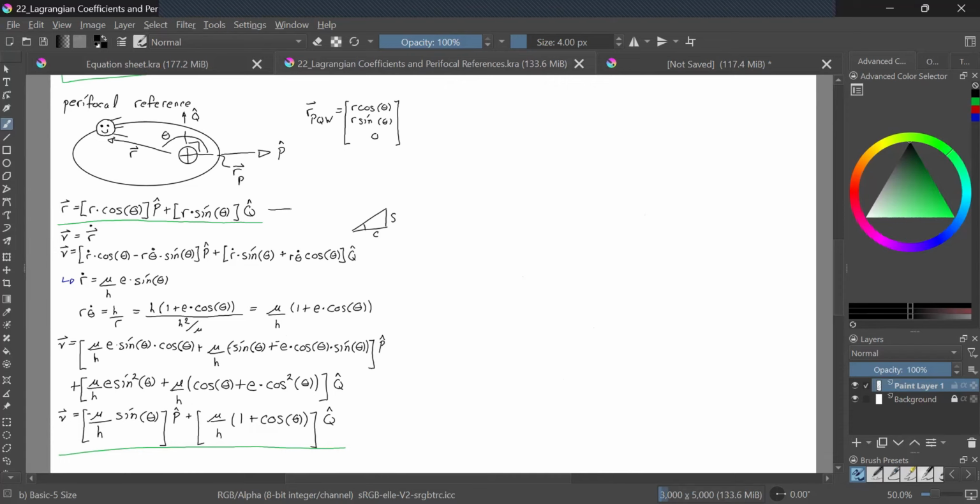I have a radius and a velocity equation in terms of the perifocal reference, so P, Q, and W. W, again, doesn't really do a whole lot in this particular scenario, so we are going to gently ignore it for at least the majority of this video.